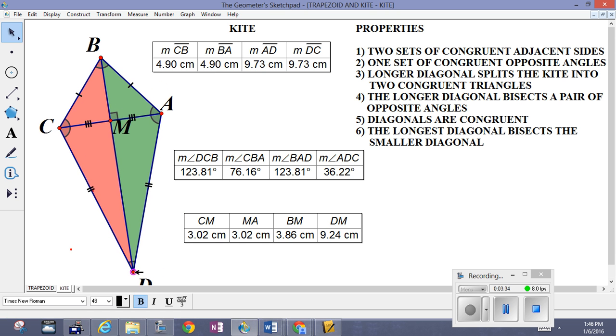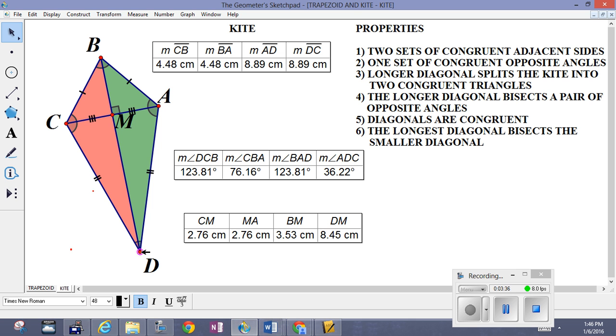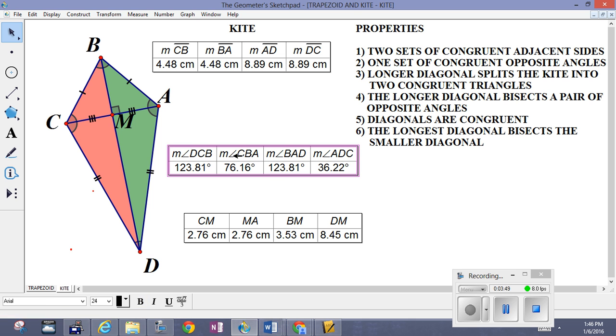So that leads to a final conclusion as a property of the kite: the longer diagonal splits the shorter diagonal in half, or more geometrically, the longest diagonal bisects the smallest diagonal.